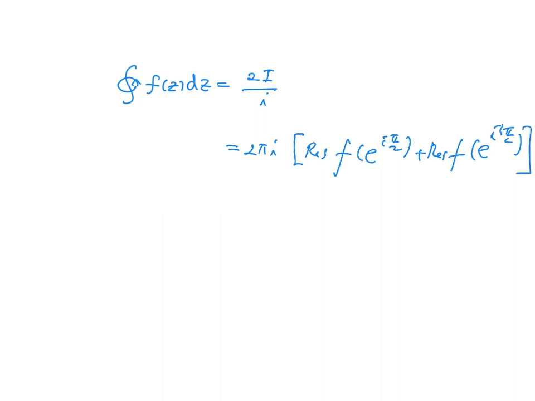So I becomes pi times I is minus 1, right? And we have minus 1 over square root of 2. So pi over square root of 2. It's amazing, right? So we can do this.